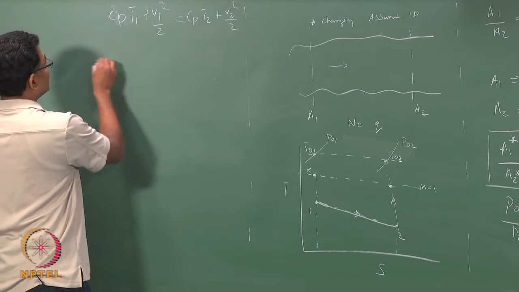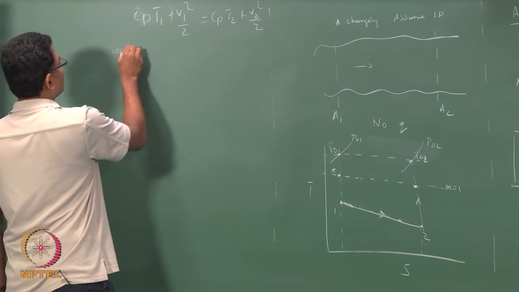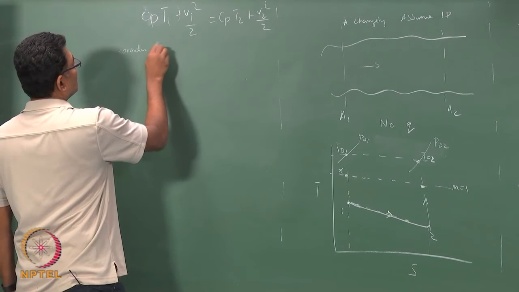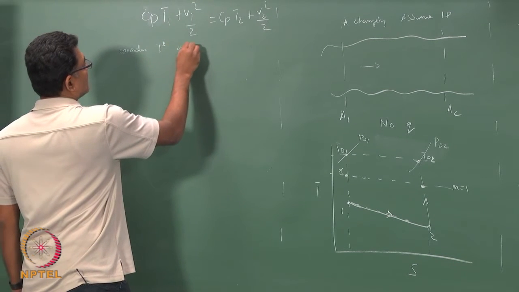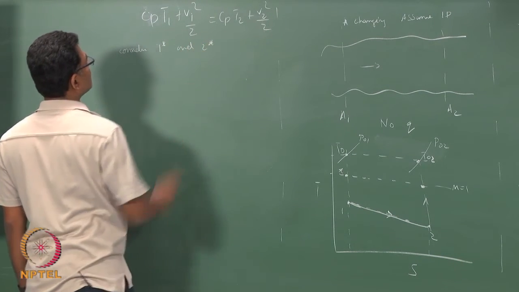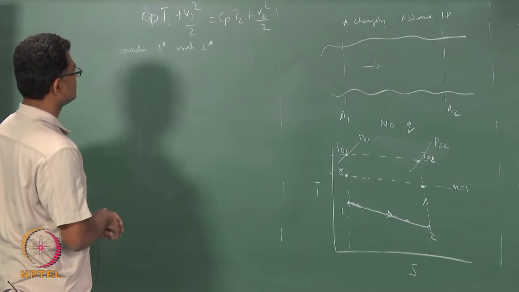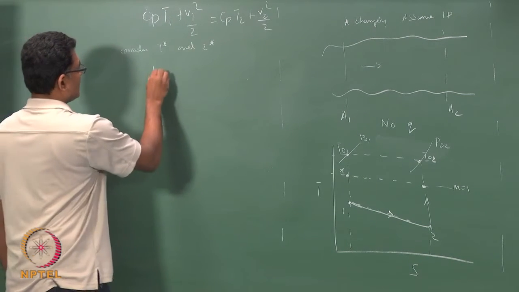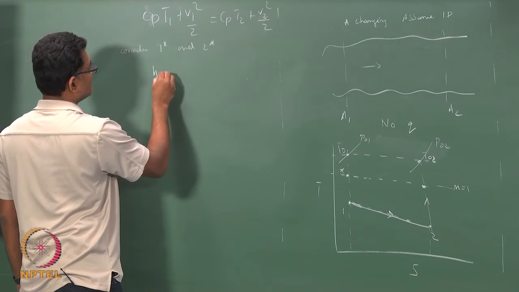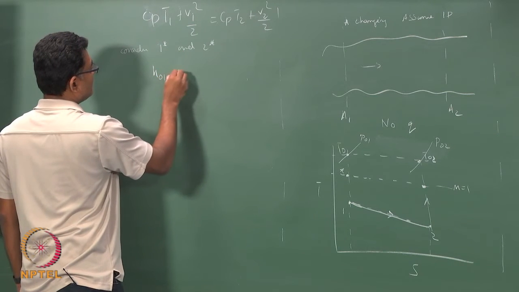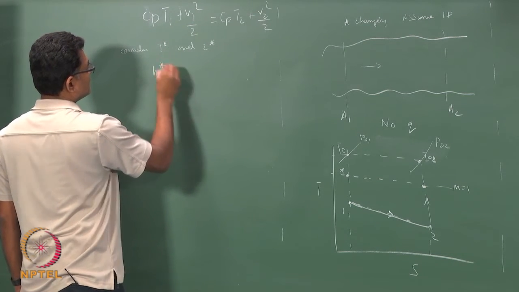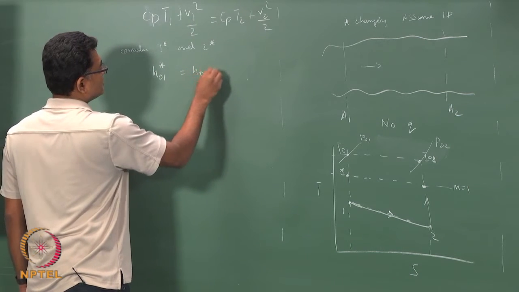So, if I consider 1 star and 2 star, then H01 star equals H02 star.